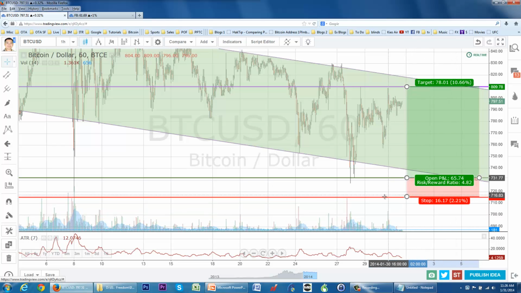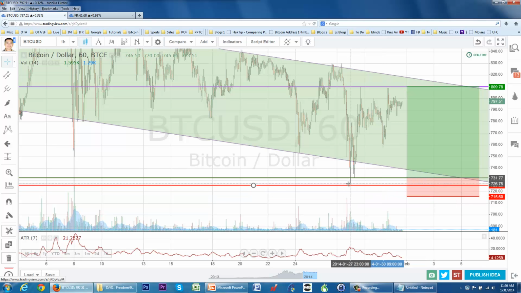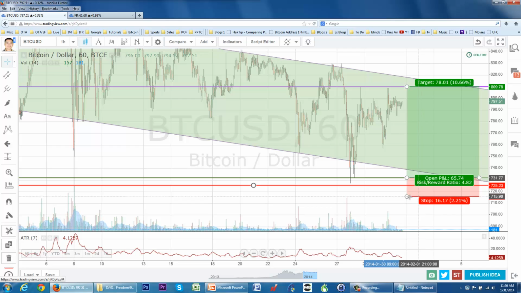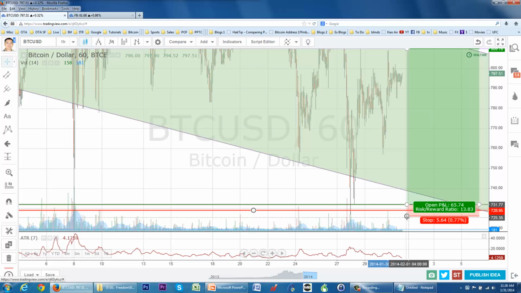Let's say, for explanatory purposes, I move my stop loss to below the low of this low, and let's expand this some more so you guys can see it. Let's say I put it right here. Now you'll notice that the stop is now $2.8 away from the entry.